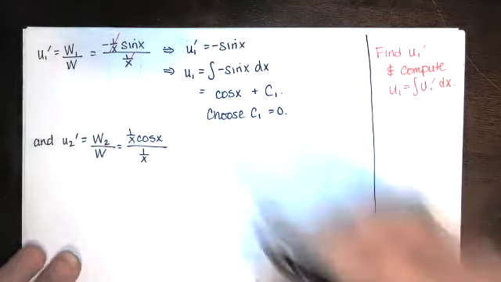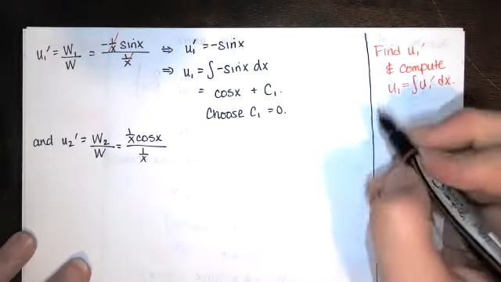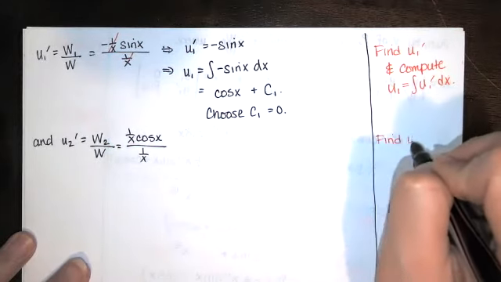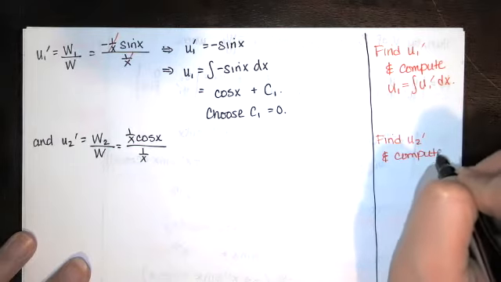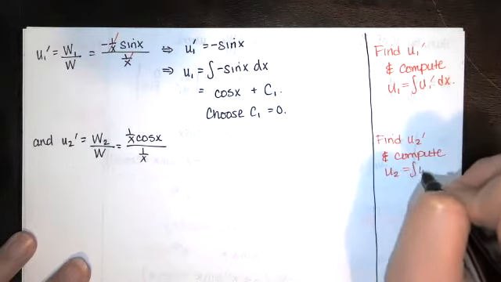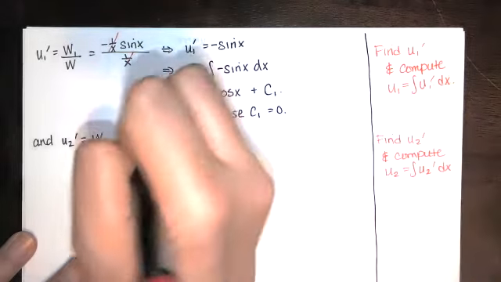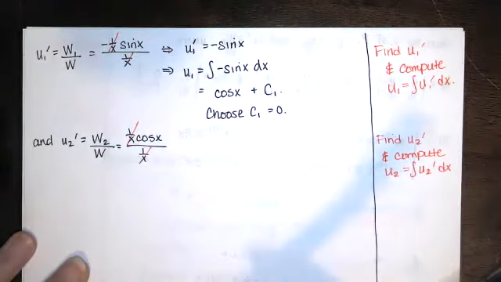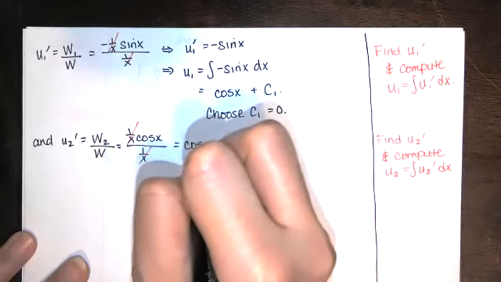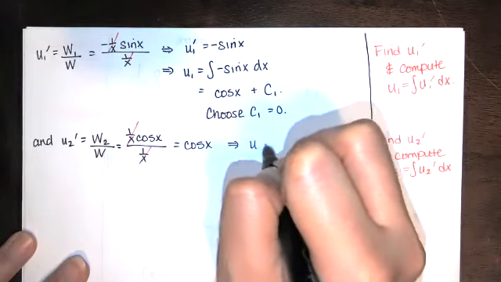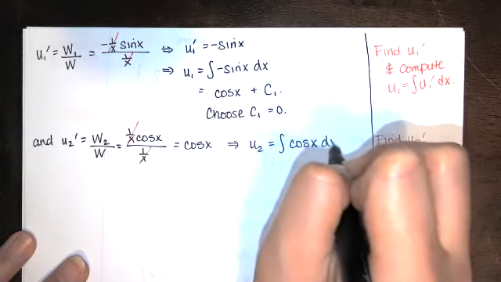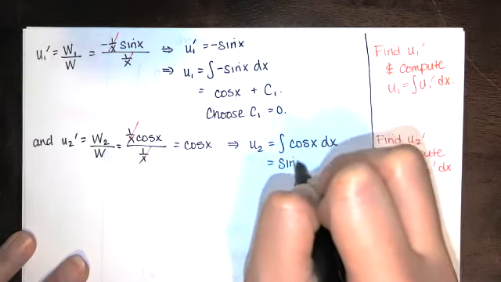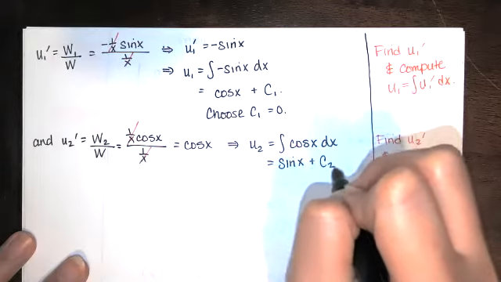So you substitute that in, and we just get cosine. Easy breezy. So U2 is the antiderivative of cosine, which is sine of x plus c.